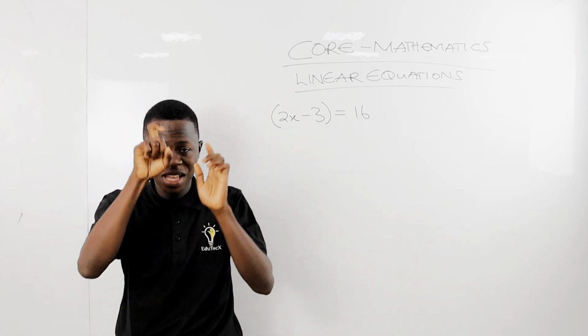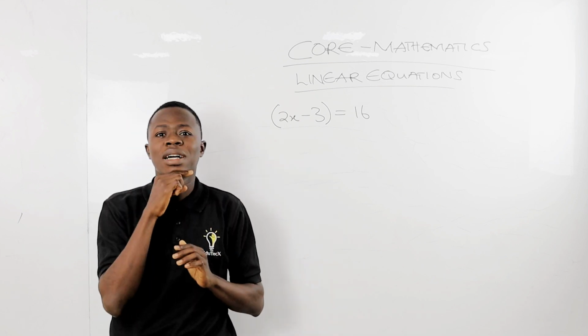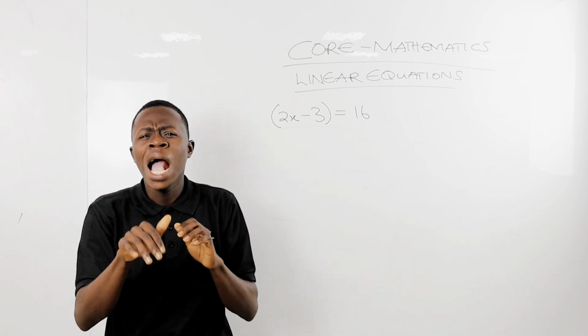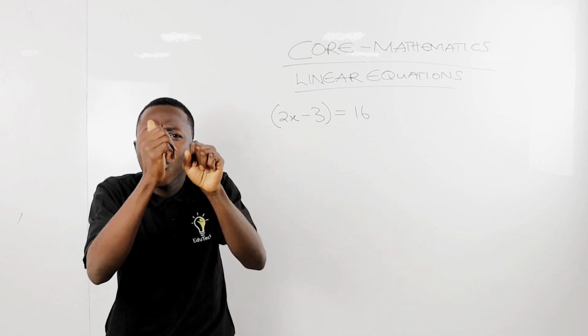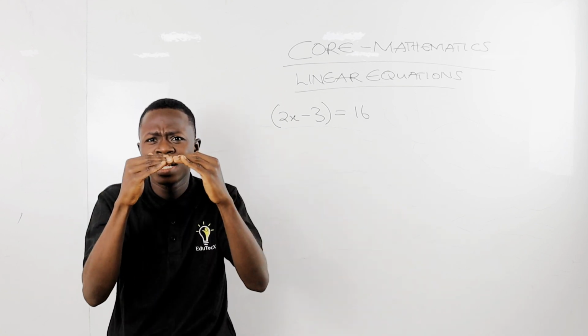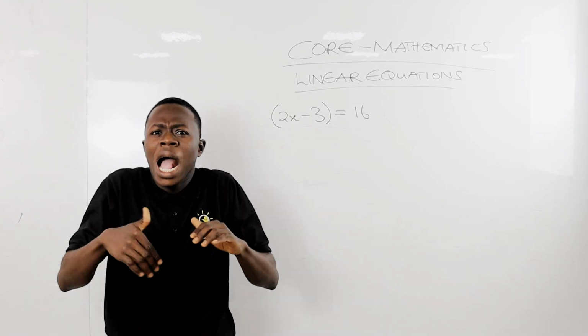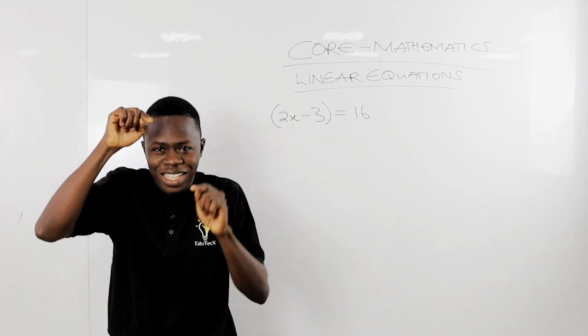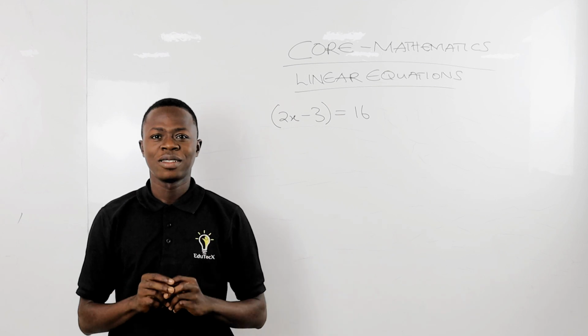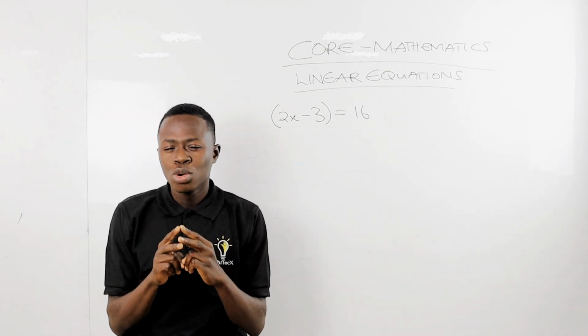So the 2x minus 3 in that bracket is what makes what we have a linear equation involving brackets. Now the question is, how do we solve an equation that looks like that? So that's what we are going to discuss in today's lesson.